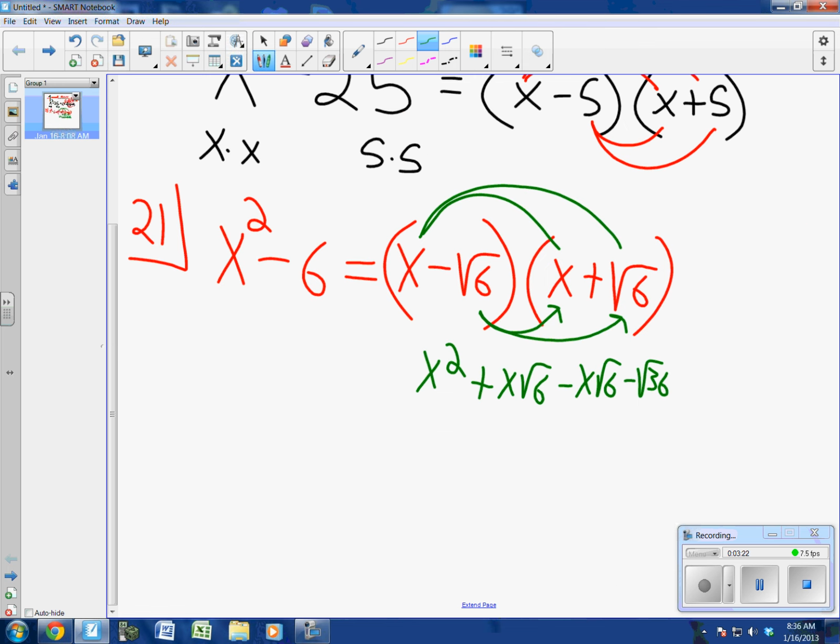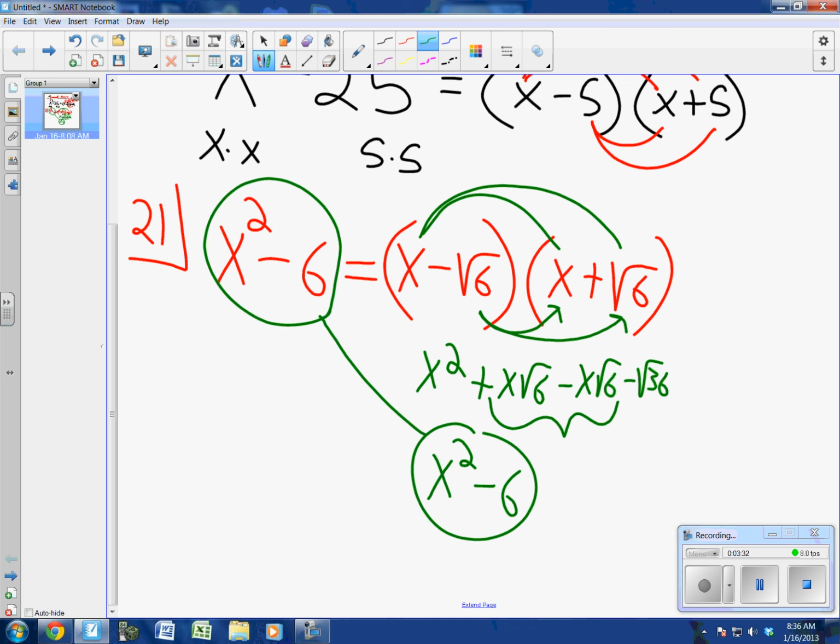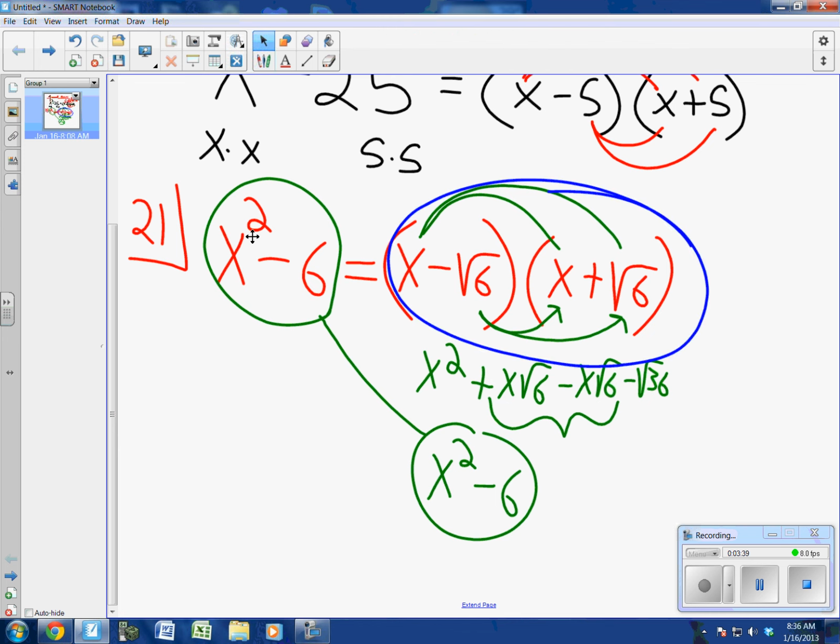What happens to the two middle terms again? They add up to 0. And what's the square root of 36? 6. And I come up with this, which was the same as that, right? So our answer is that right there. Okay? Any questions there? We got it?